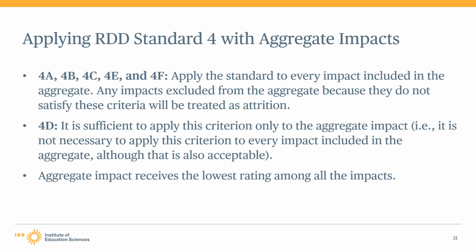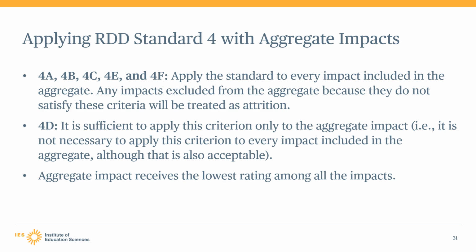Any impacts excluded from the aggregate because they do not satisfy one of those criteria will be treated as attrition. The aggregate impact then will receive the lowest rating among all impacts.